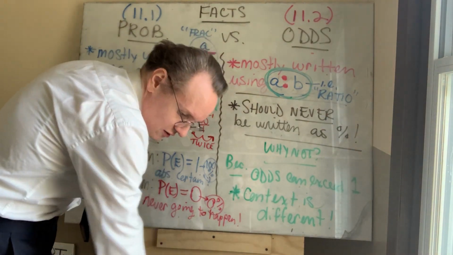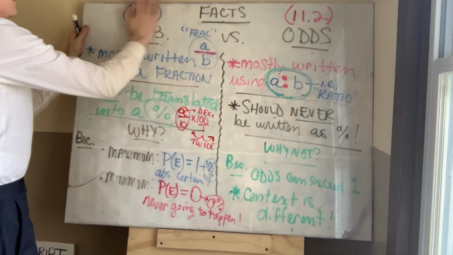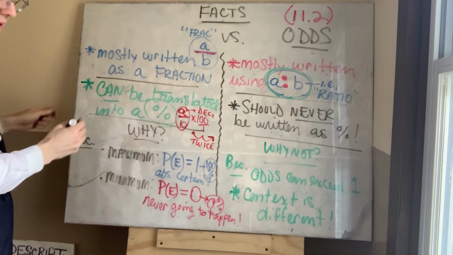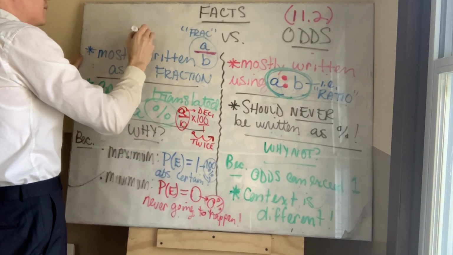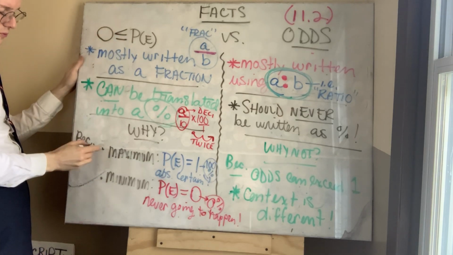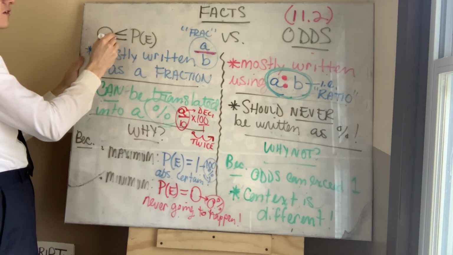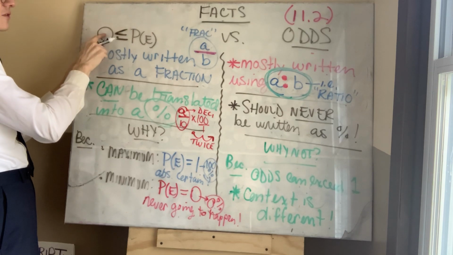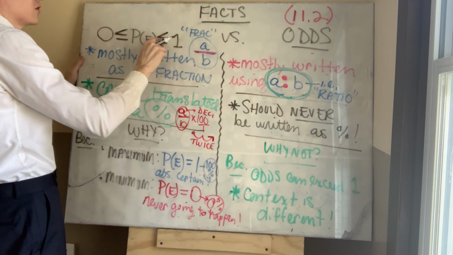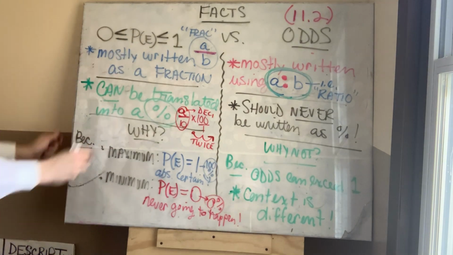Just to squeak this in here, for probability: the probability could either be exactly equal to 0 or something greater than 0, but on the flip side, exactly equal to 1 or something less, right?